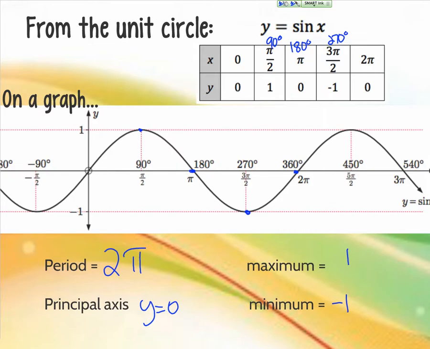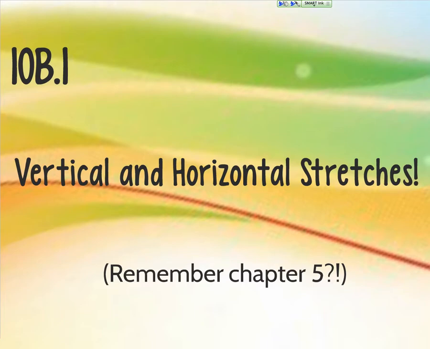And like I said, remember the vertical and horizontal stretches? We're going to focus on those today, and then tomorrow we'll talk about the translations, like shifting up and down and shifting left and right. So for today, it's just the stretches.